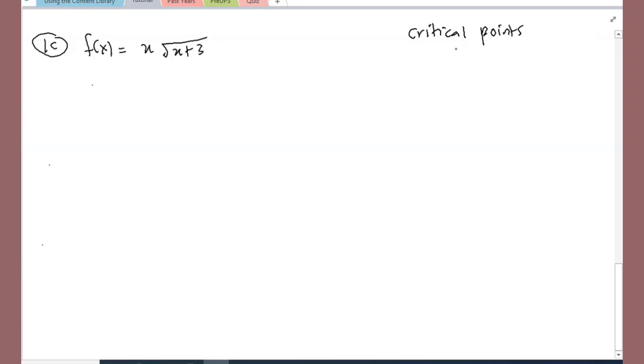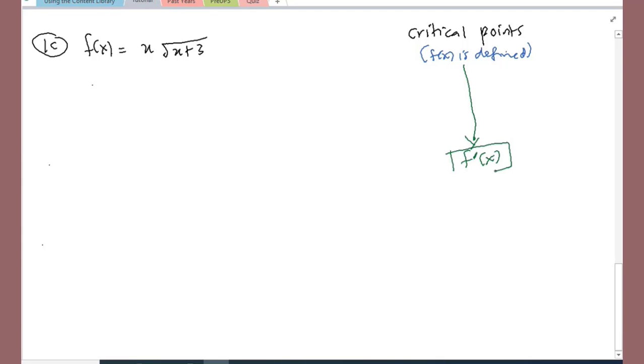Okay, so first thing, for critical points, given f of x is defined. This is not your problem. What you should do is differentiate. Find f prime of x.